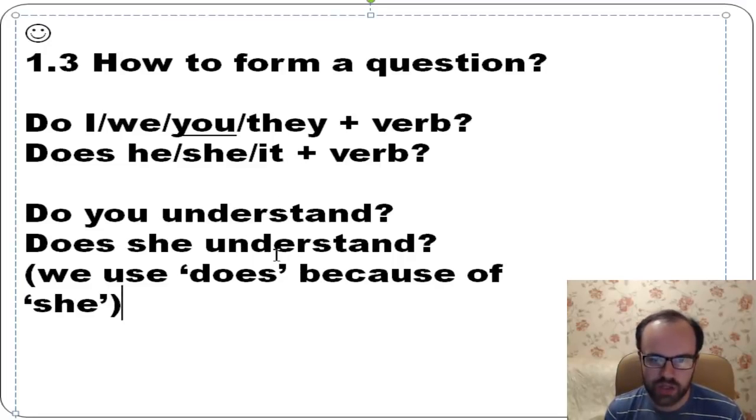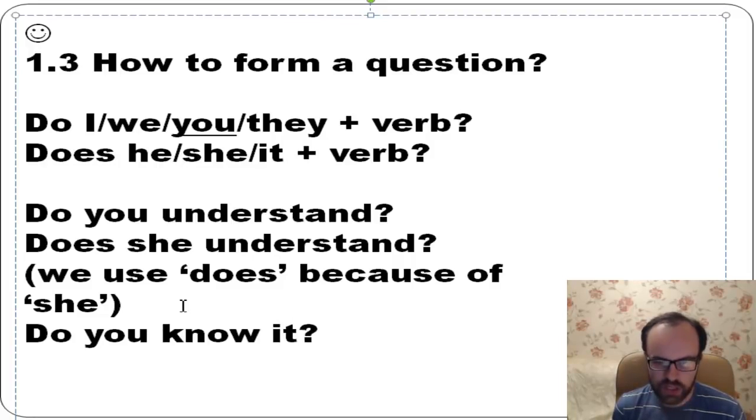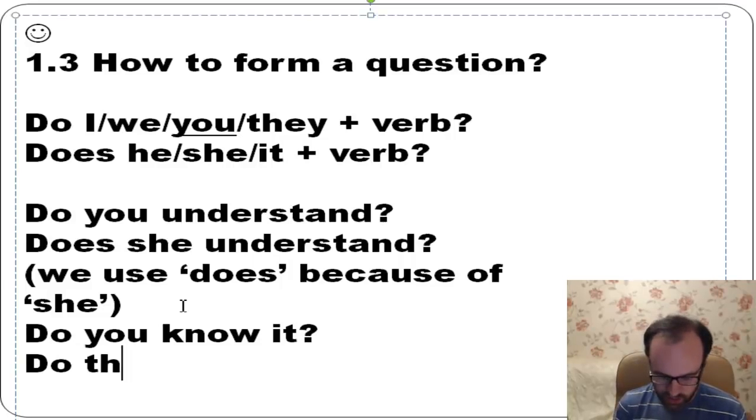And understand is a verb. Do you understand? Does she understand? Do you know it? Next. For example, do they live there?